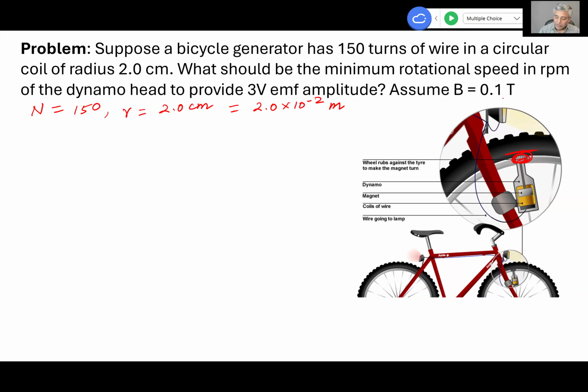What should be the minimum rotational speed in RPM, revolutions per minute? That means we want omega.